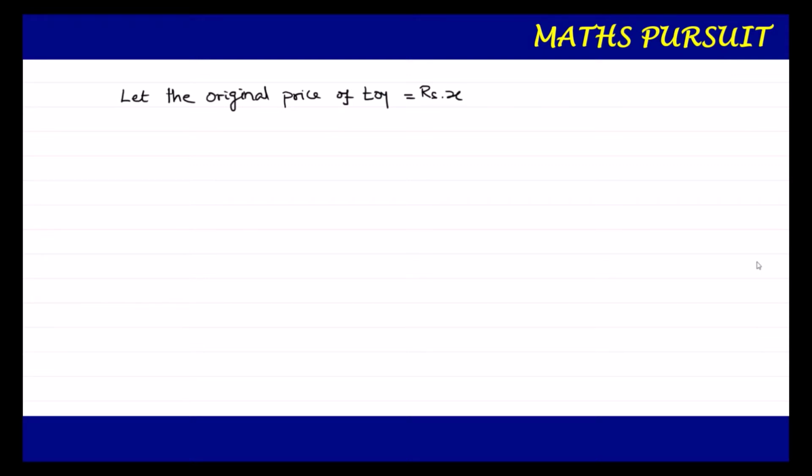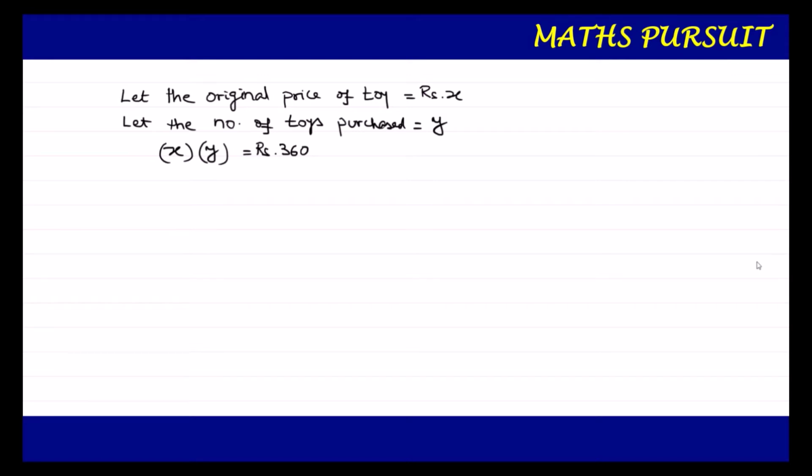With this original price of the toy, this person is purchasing, let the number of toys purchased be Y, because we do not know the number of toys purchased. So I can write X into Y is equal to Rs.360, because this person is having Rs.360 in his hand.